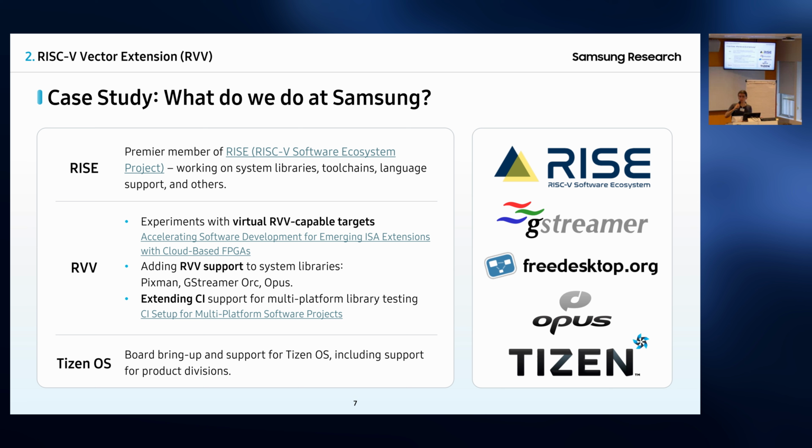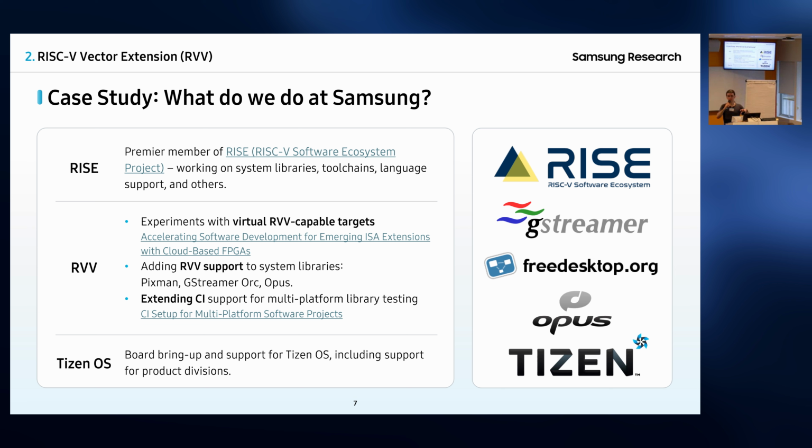So, a case study: what do we do at Samsung? As I said, I'm mostly from the software team, so we are more concerned with optimization of software for RISC-V. Samsung as a whole is one of the premier members of RISE, the RISC-V Software Ecosystem Project.